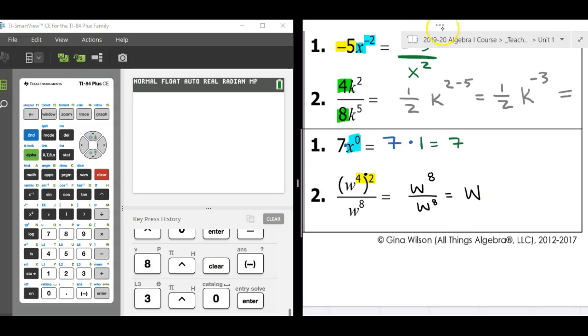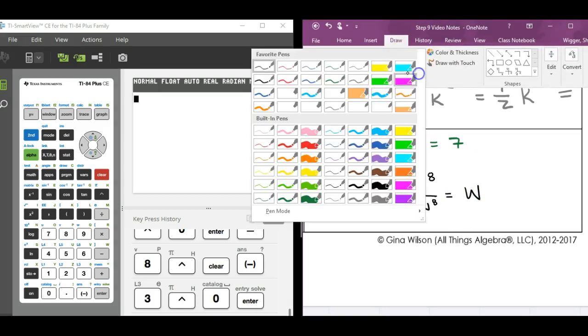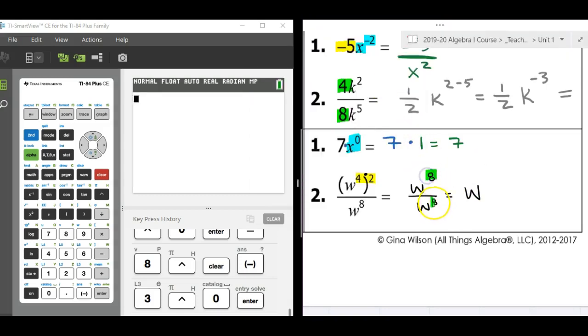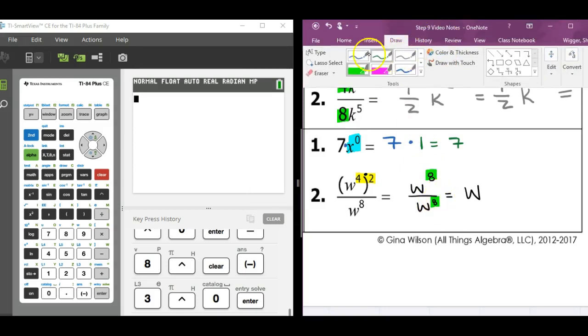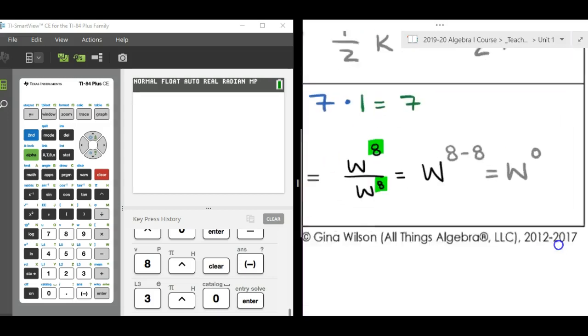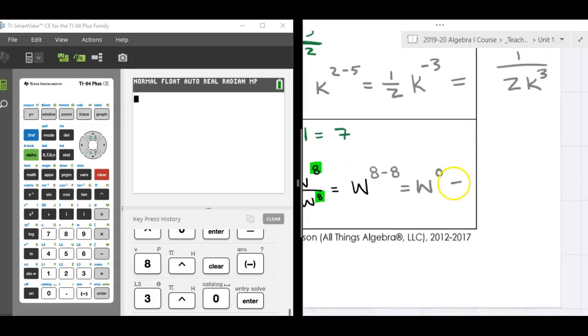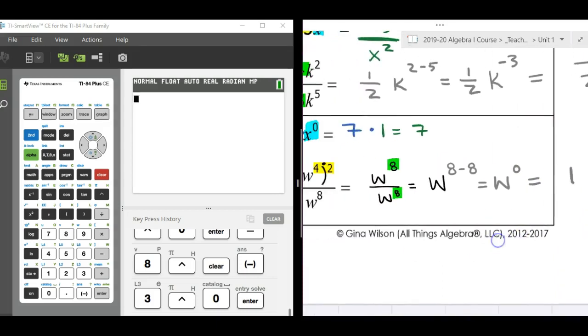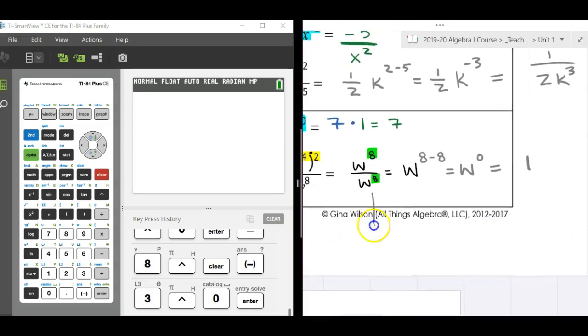The quotient rule, when I divide, subtract the exponents. 8 minus 8 is 0. W to the 0 power is 1. And if you thought here, anything divided by itself is equal to 1, you were right.